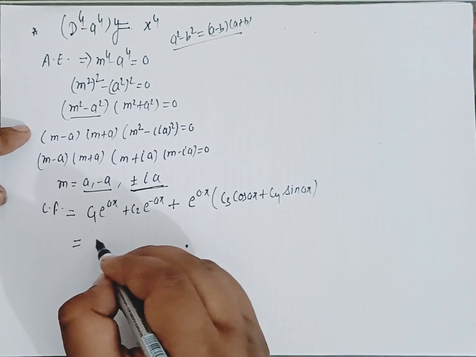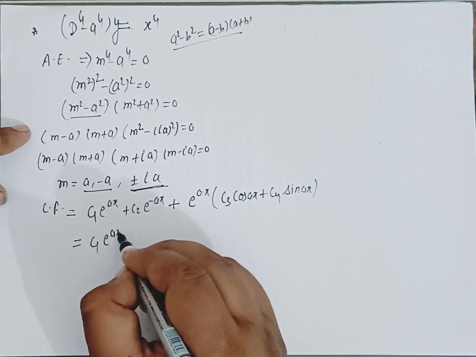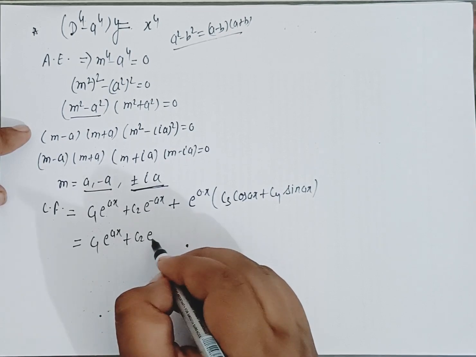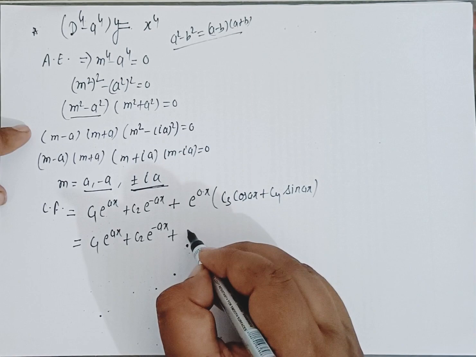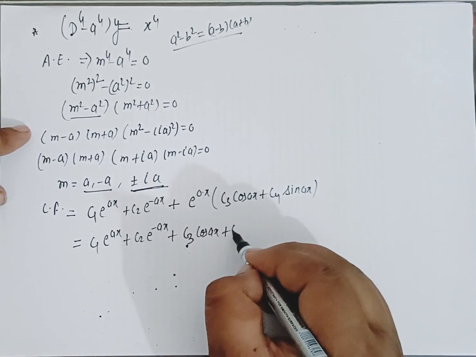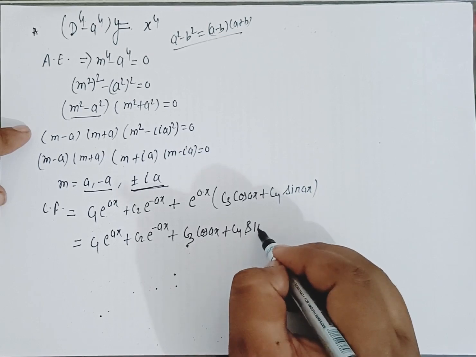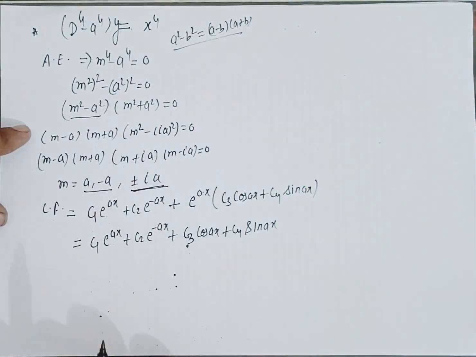Then you can write here C1 e to the power ax plus C2 e to the power minus ax, and e to the power 0x means 1. So you can write here C3 cos ax plus C4 sin ax. It's your complementary function, right? We have done it in simple steps.